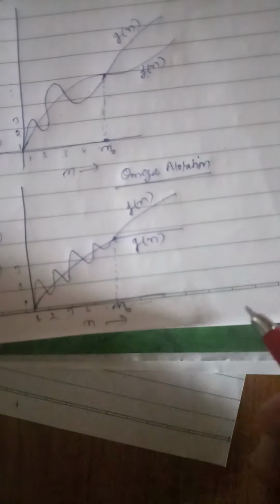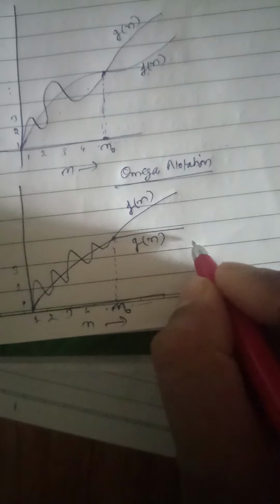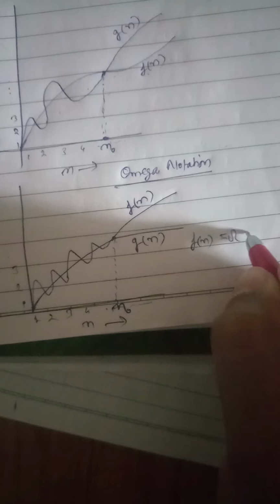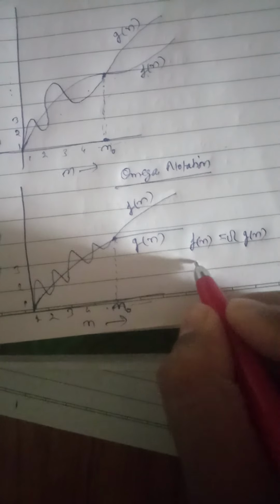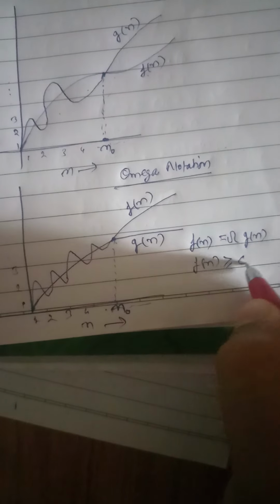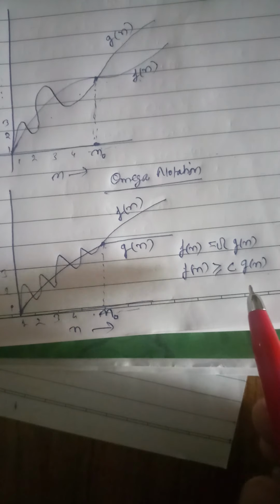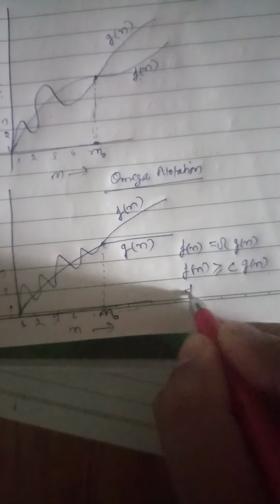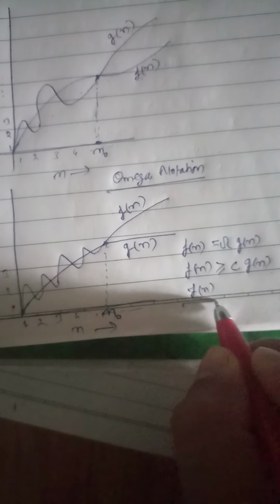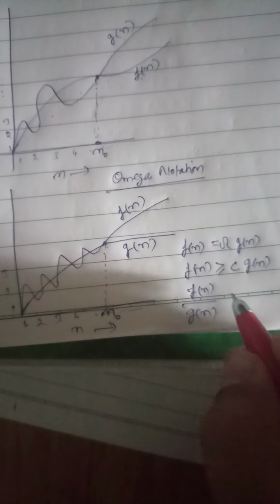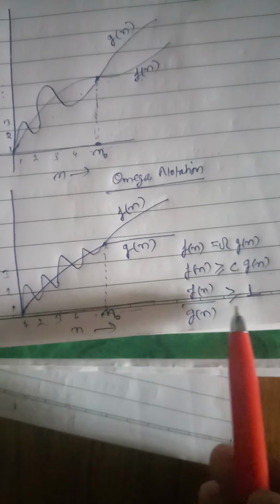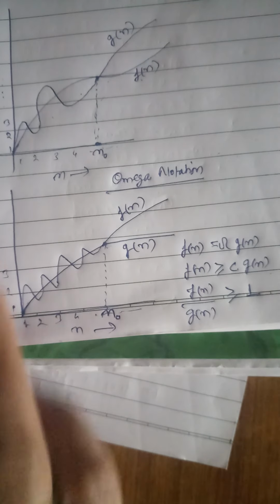In omega notation, we know f(n) equals omega of g(n), where f(n) is always greater than or equal to c g(n). So we can say f(n) upon g(n) is greater than or equal to 1 in omega notation.